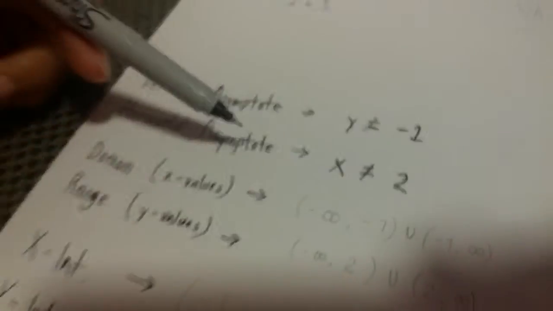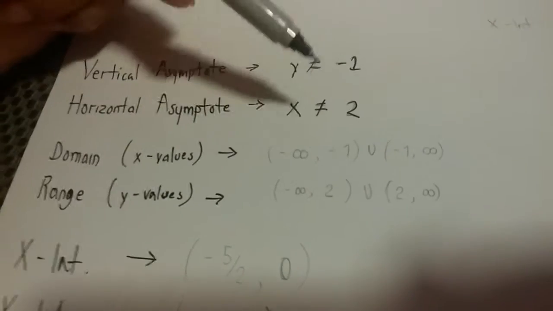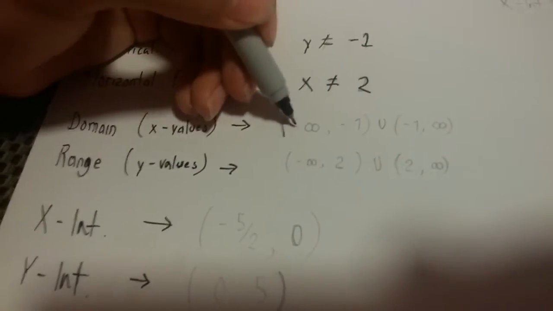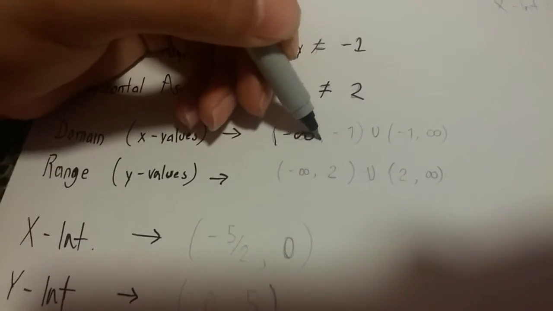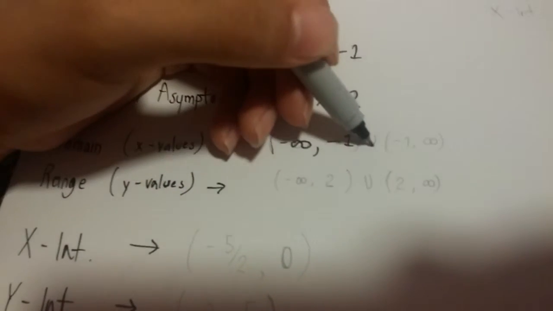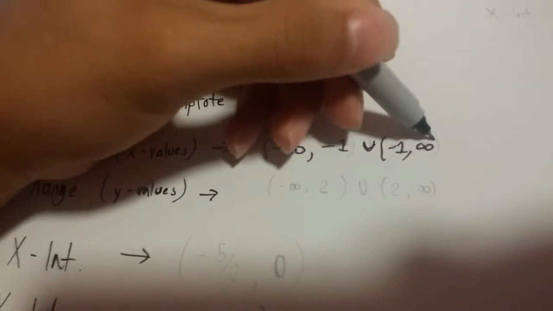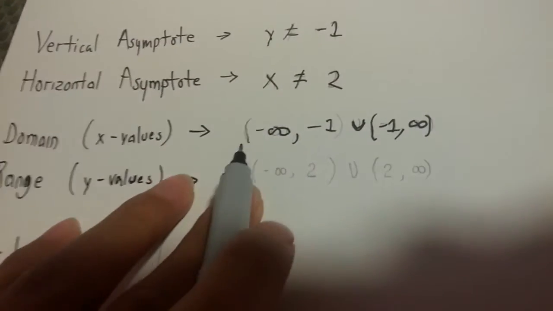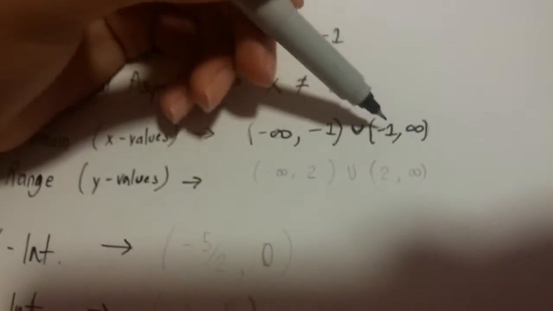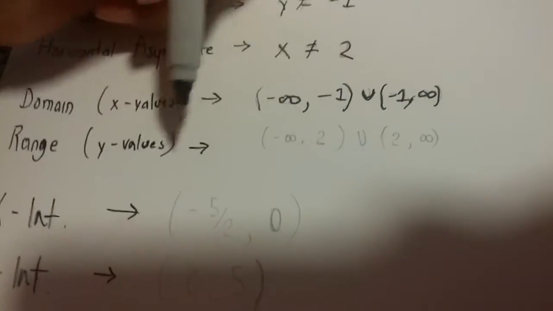Next thing that we're going to look for is the domain and range. For the domain, it's practically the same as the vertical and horizontal asymptotes, because the domain shows the x values. It's from negative infinity to negative 1, and the other one is negative 1 to infinity.